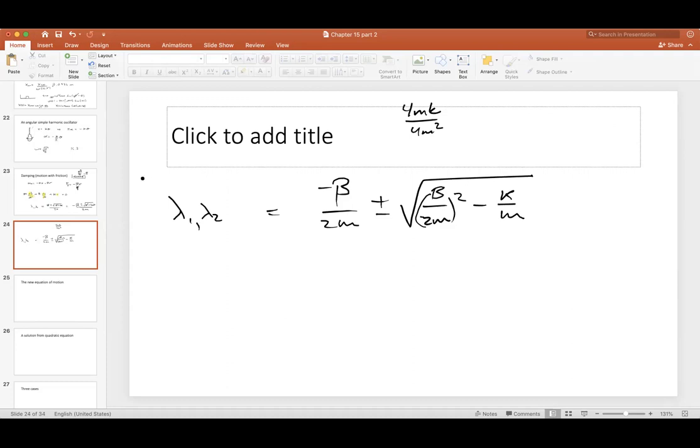Furthermore, I want to write this as omega prime, which is actually the negative of that. If I pull that inside, it is k over m minus beta over 2m squared. And I also notice that this is my old friend, minus beta over 2m squared.